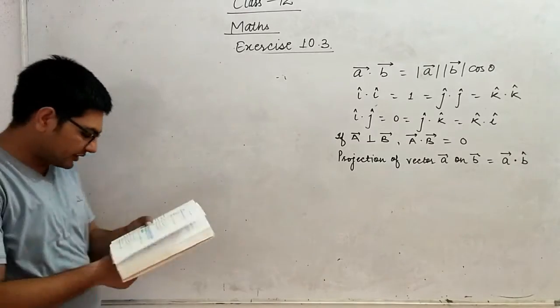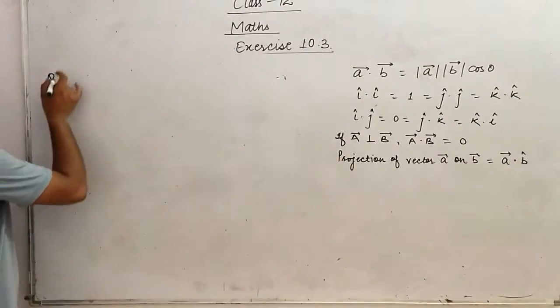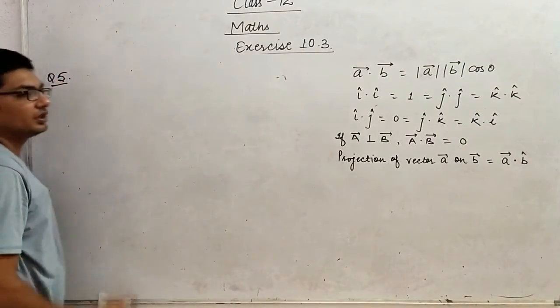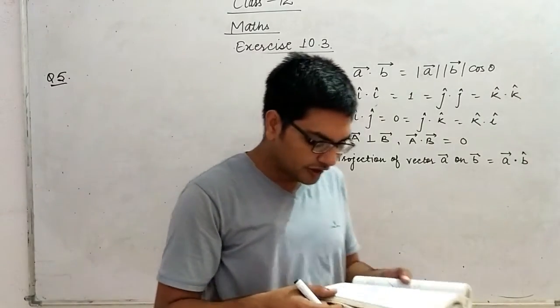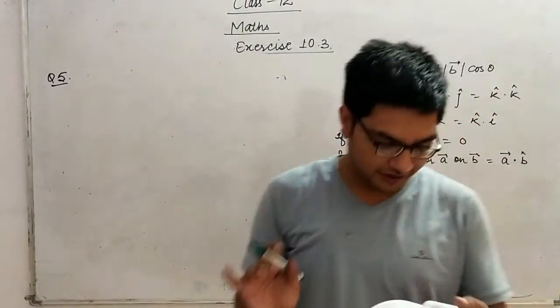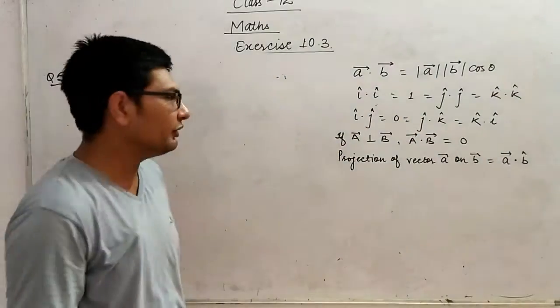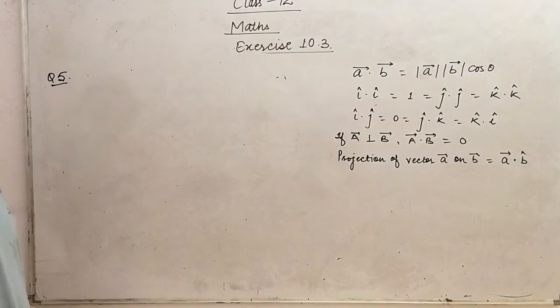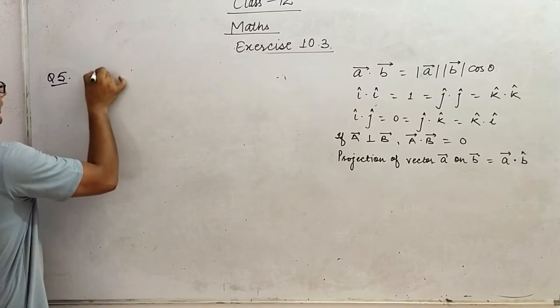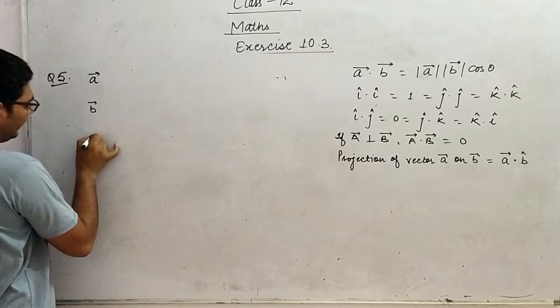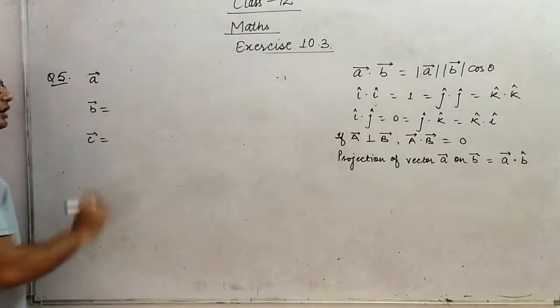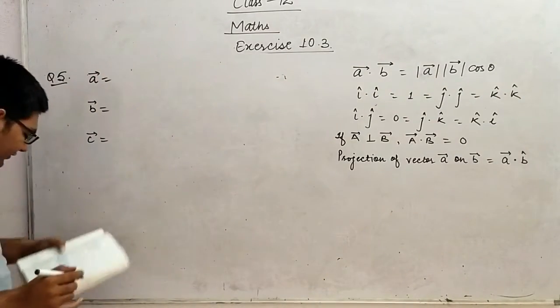So students, question number 5 is that you have to show that each of the given 3 vectors is a unit vector, and also show that they are mutually perpendicular. The first thing we need to show is that the vectors given here are unit vectors. So let me call them vector A, vector B and vector C. What is vector A?